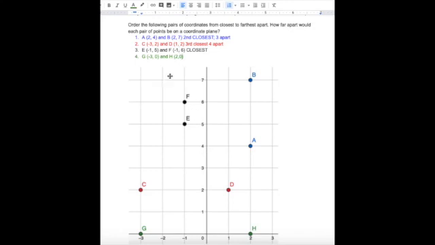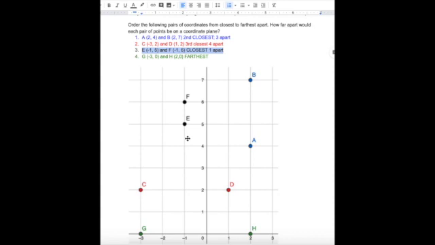Yeah, so let's look at our ordered pairs and see if we can figure out how we could tell, without even looking at the graph, how far apart these points are. So let's look at E and F. E and F are only 1 apart. And I can tell on the graph because there's 1 box between them. There's 1 little unit line between them.